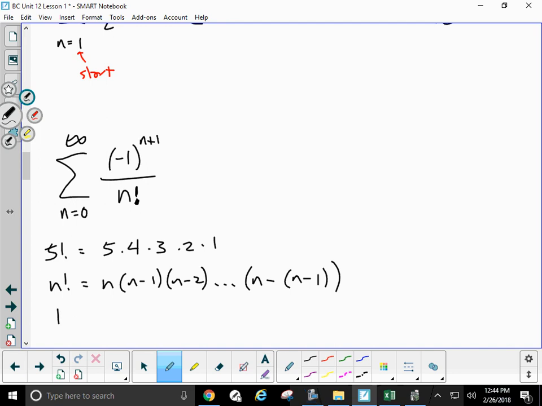So things to note: 1 factorial is just 1, and 0 factorial is 1. Why is 0 factorial 1? Factorials are used for combinatorics, and like how many ways you can count things. Like how many ways can you select 5 different books off a shelf?